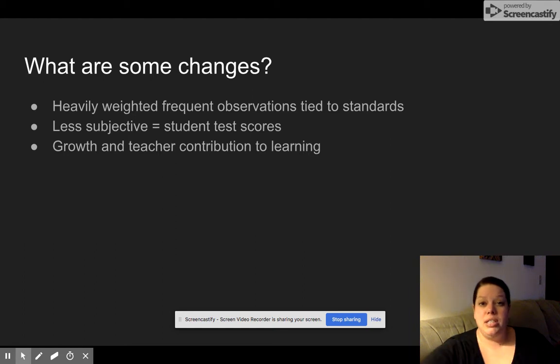Some of the changes that we see to evaluations are they're a little more heavily weighted on observations and tying those to good teaching practices and standards. I can see in my district the importance of frequent walkthroughs, and now those aren't necessarily tied to their evaluation, but that is tied to the feedback that they receive before an evaluation.